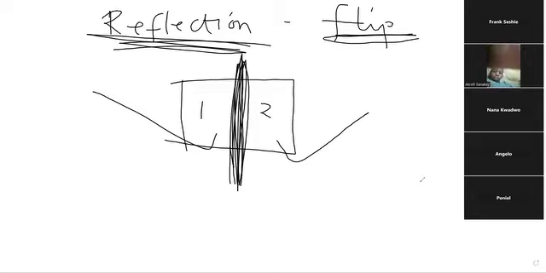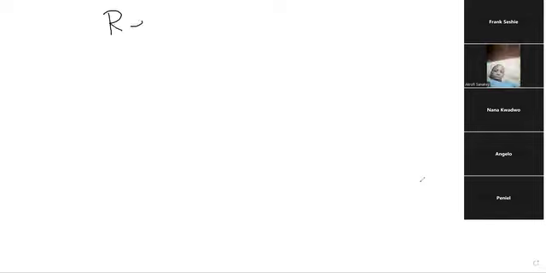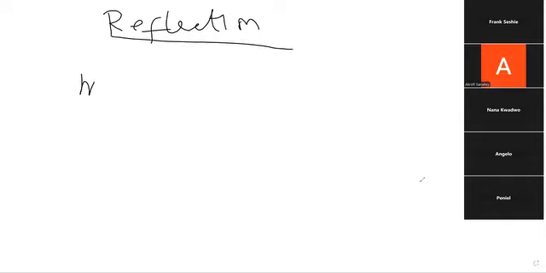So when it comes to reflection, what is key or crucial is what we call the axis of reflection, or the mirror line. Mirror line or axis of reflection.